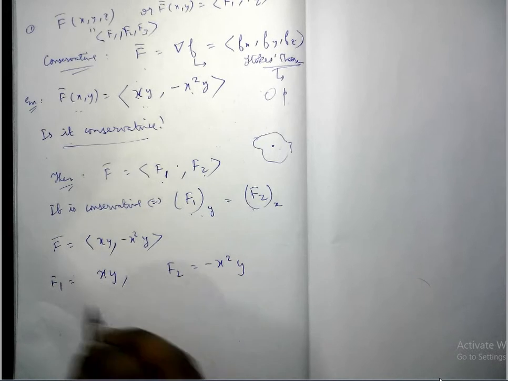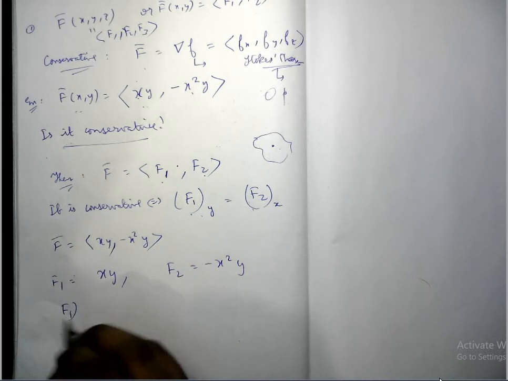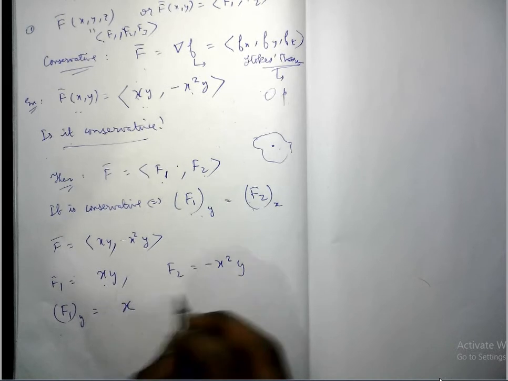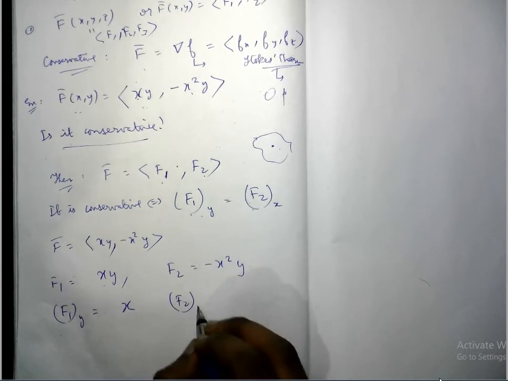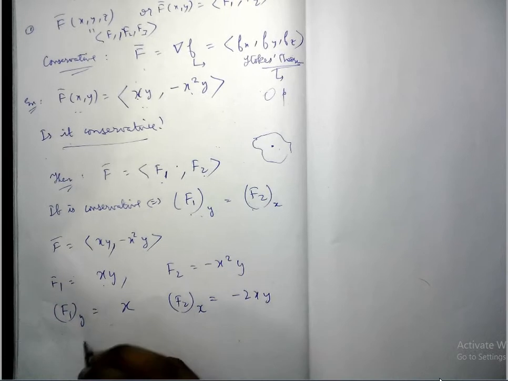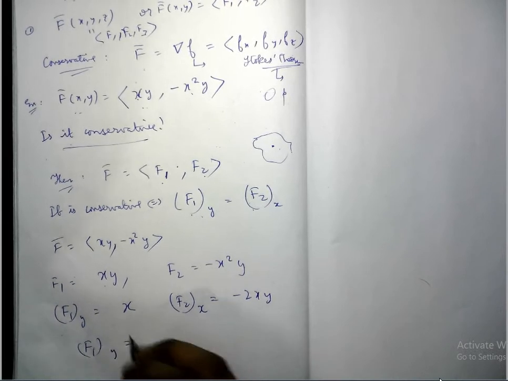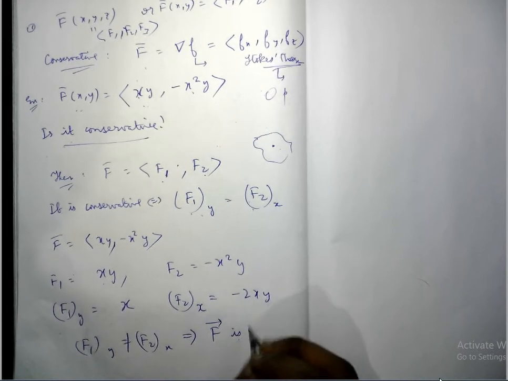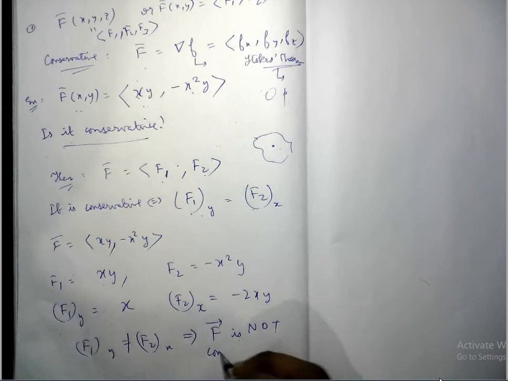The partial derivative of f1 with respect to y is x, and the partial derivative of f2 with respect to x is -2xy. So it is clear that f1y is not equal to f2x. That means F is not a conservative vector field.